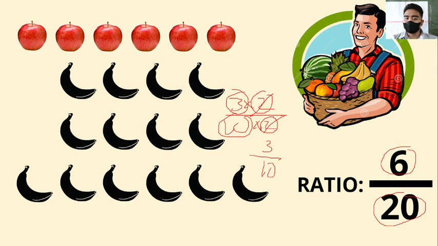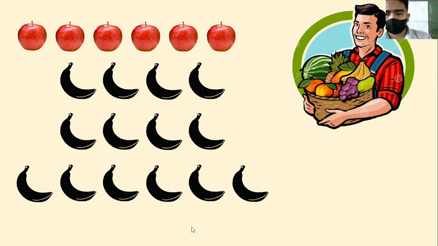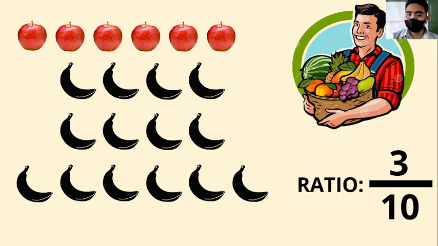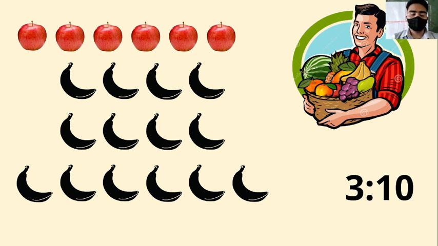So therefore, the lowest term of 6 over 20 is 3 is to 10. That is the final answer, or we could write it down in colon form.